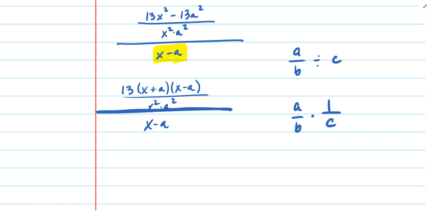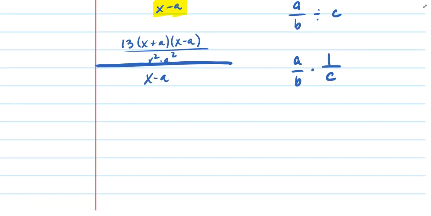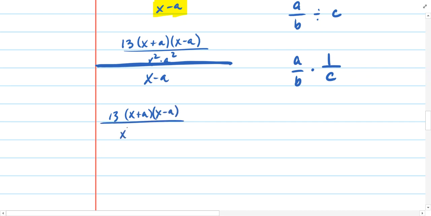So using that definition of quotients of fractions, we can go ahead and rewrite this expression: x plus a, x minus a over x squared times a squared. So instead of taking this fraction and dividing it by x minus a, we could simply multiply by 1 over x minus a.